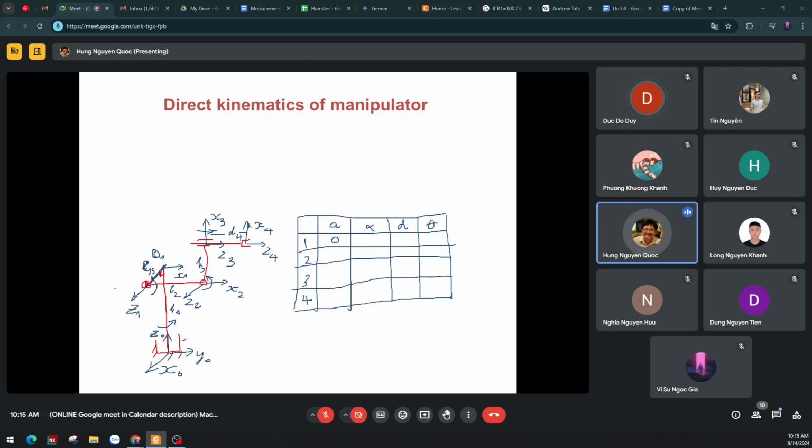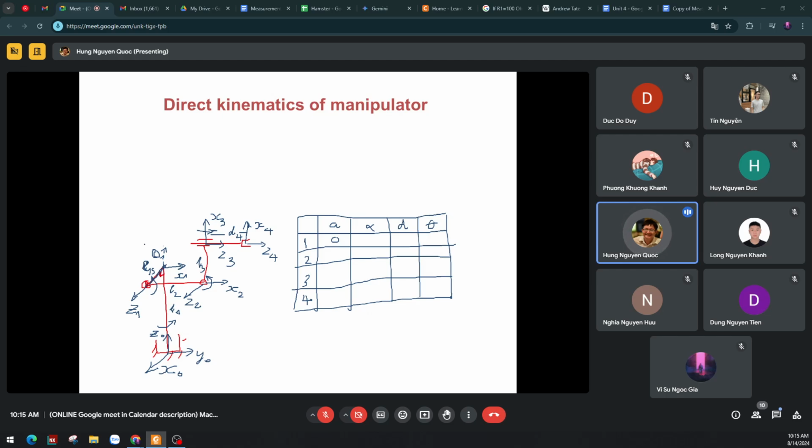Alpha 1 is the angle between G0 and G1 when you look from X1. Look from X1. X1 is here.